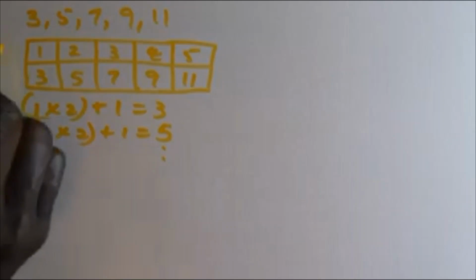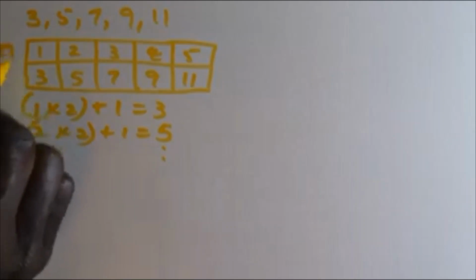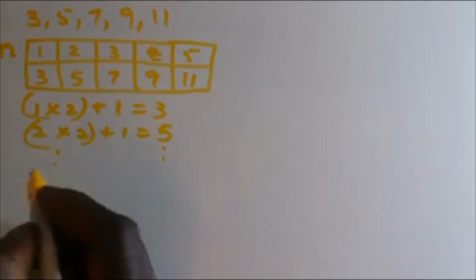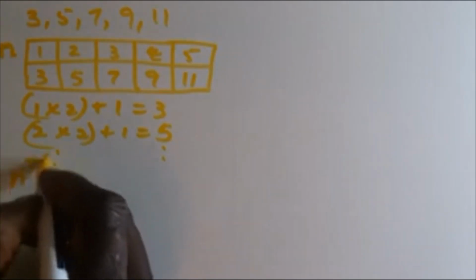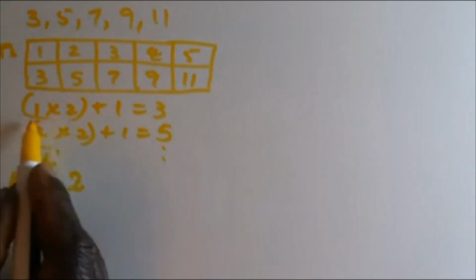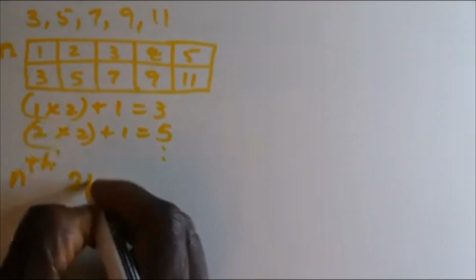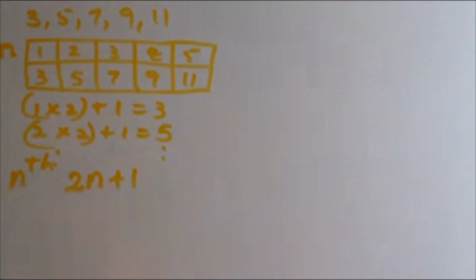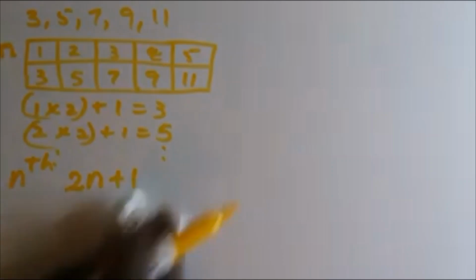Now, n we have as representing the positions. So we have a formula for the nth term would be 2, we're at 2 times the position, 2 times n, and we add 1 to that. So the nth term, let's just rewrite that.